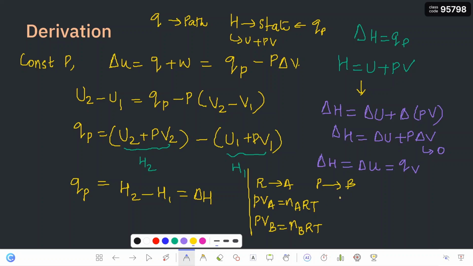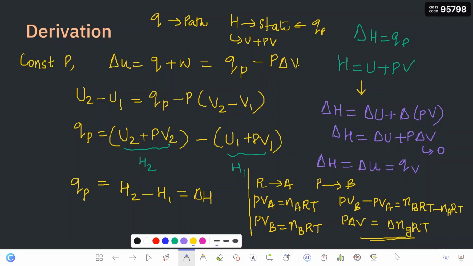We are subtracting, product PVB minus reactant PVA, which is equal to NBRT minus NaRT. So we can write P of VB minus VA, which is delta V, is equal to NB minus Na, that is delta Ng, the difference in number of moles, into RT.